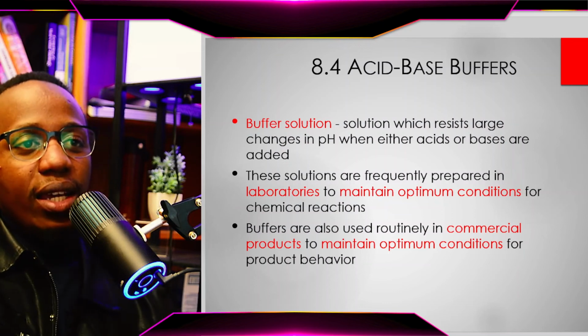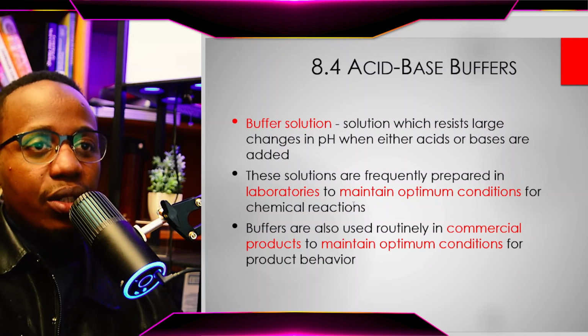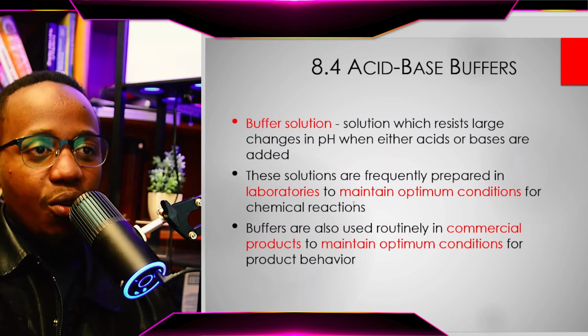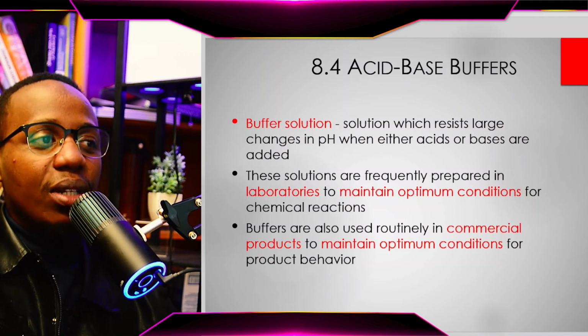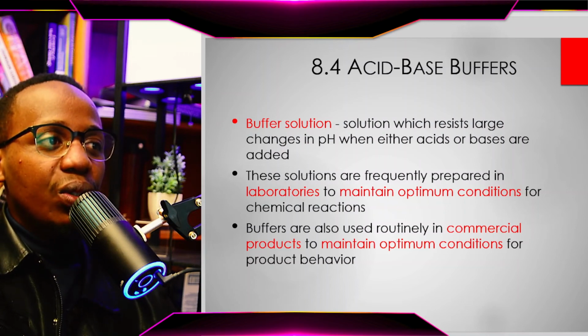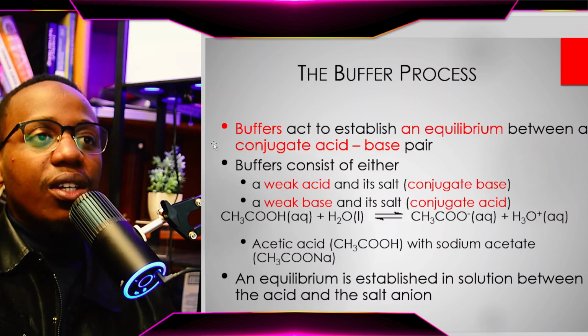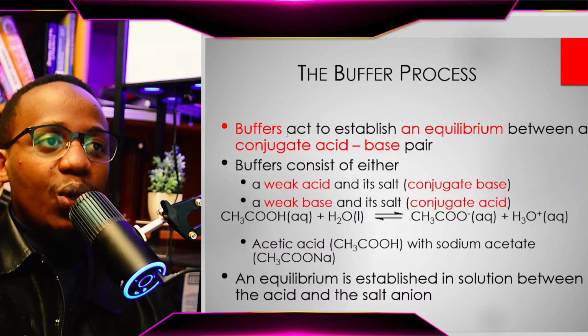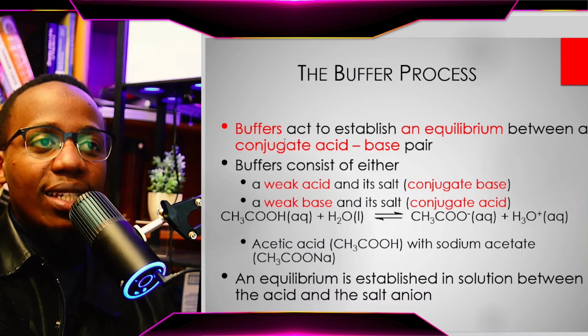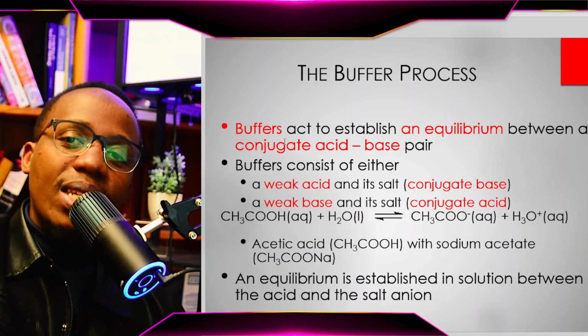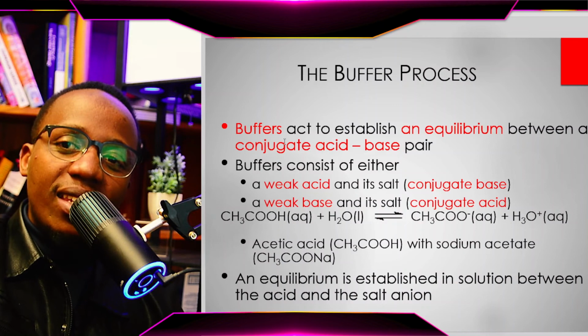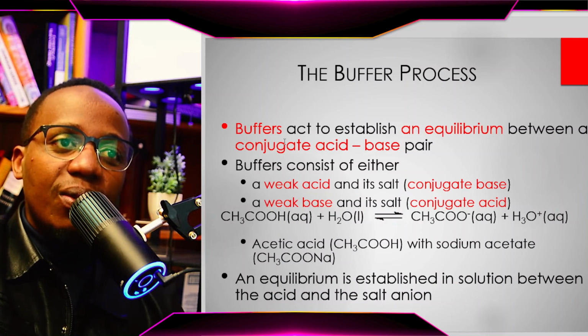So that's why here I have laboratories, your body, commercial products, and all these other places where you need buffer solutions. So how do they do that? Buffers establish an equilibrium between a conjugate acid and base pair. So buffers are made by an acid and base reaction, right?